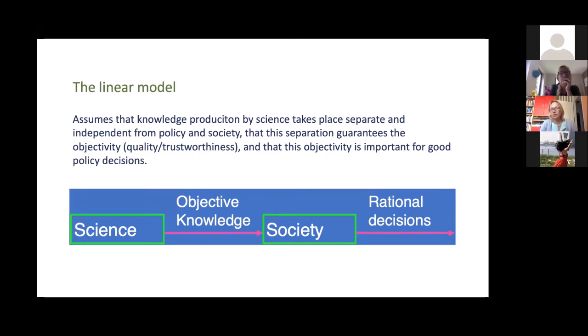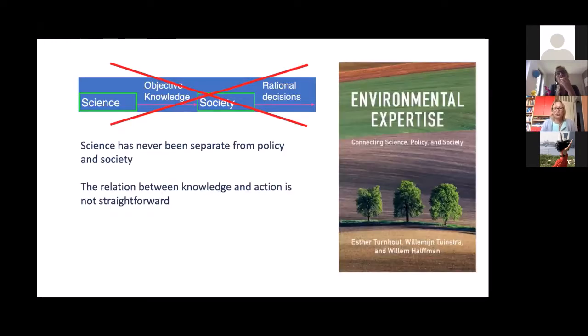Now, as we probably all know, and is definitely the case in my field, this linear model is alive and kicking. It structures many of the interactions between knowledge production and decision making, even though it is also widely known, and for a very long time, that the model is flawed. It's flawed both theoretically and practically, in the sense that it doesn't work that way.